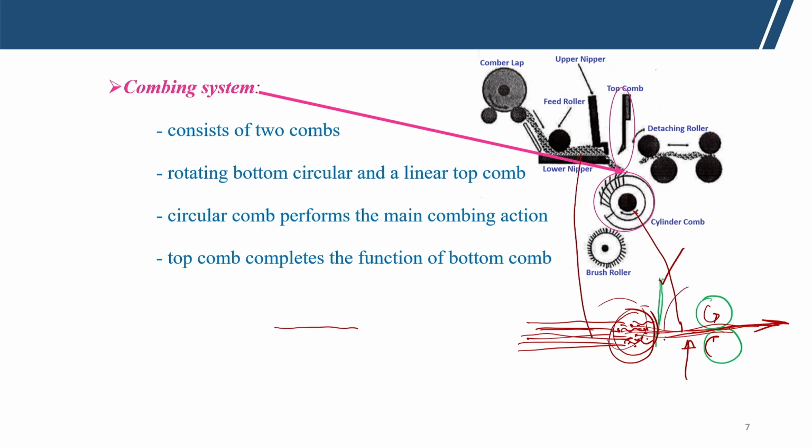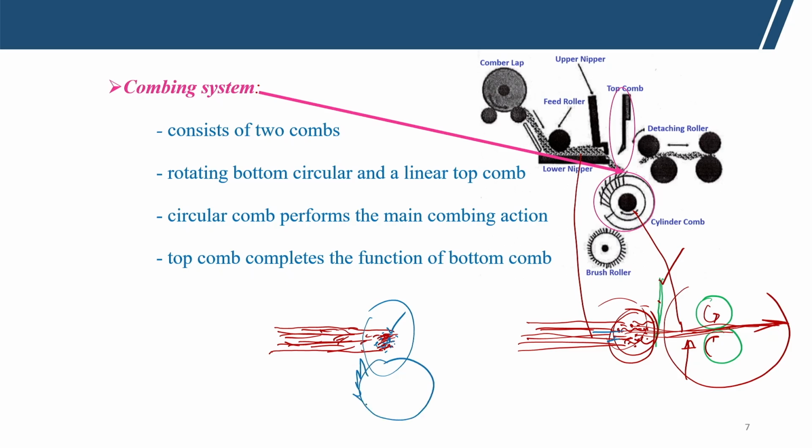When the detaching completes, these are the laps, and here there are short fibers which are being restricted by the top comb here, and along with that, if a few foreign particles, dust, trash are present, they are present at the leading end of this lap. Now, in the next cycle the cylinder comb will act.